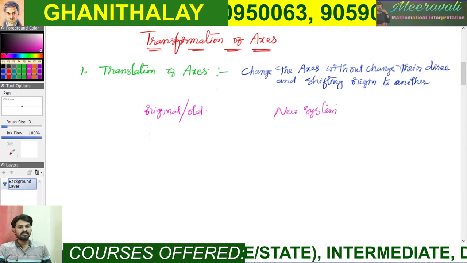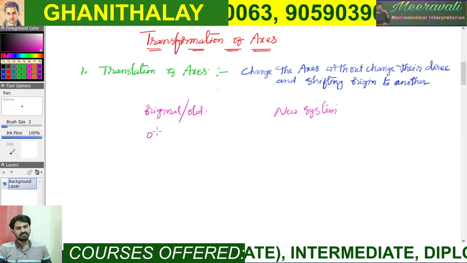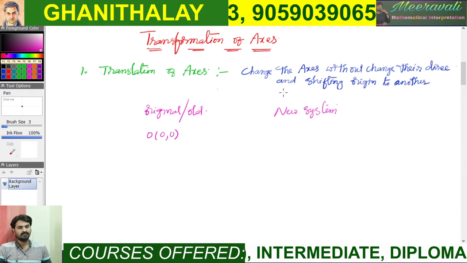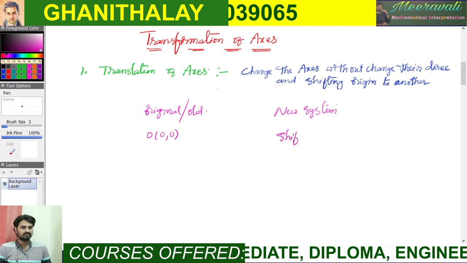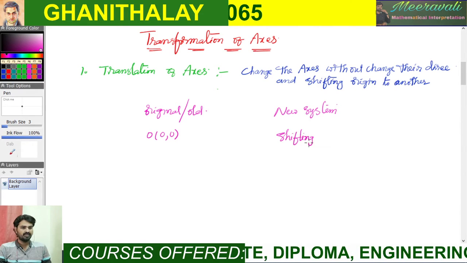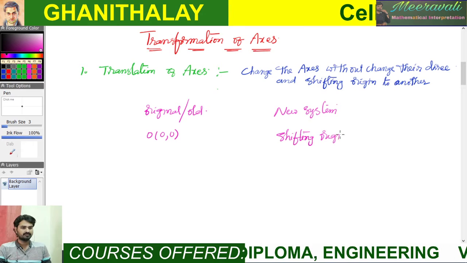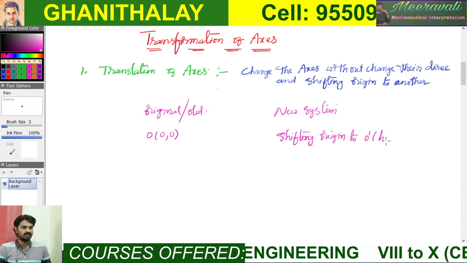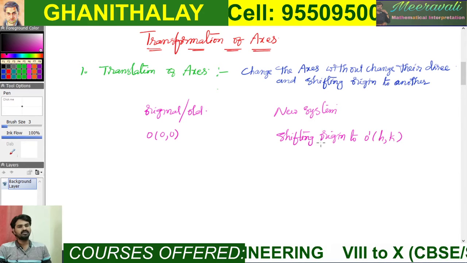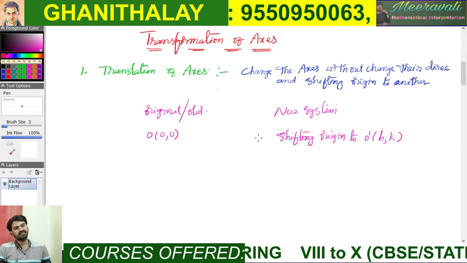In the original system, the origin is 0, 0, and it is shifted to O dash, that is h comma k. So the origin shifted point is taken as O dash h comma k.